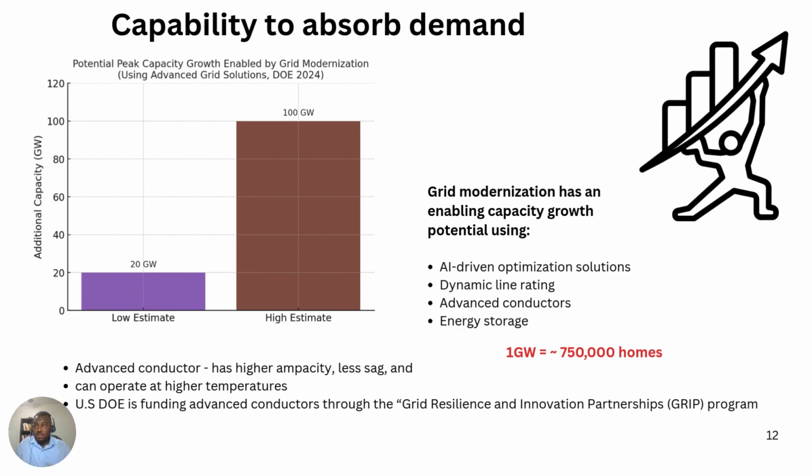It is 20 gigawatts in capacity, but using modernization, using advanced conductors that can operate at high temperatures and at higher ampacity with less sag, you can increase the capacity of the same network from 20 to 100 gigawatts. And every single gigawatt in the US is estimated to produce electricity for 750,000 homes. So you could see 80 gigawatts multiplied by 750,000 homes. That will give you the total number of homes that modernization can lead to.